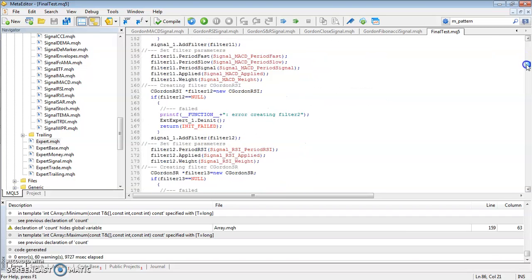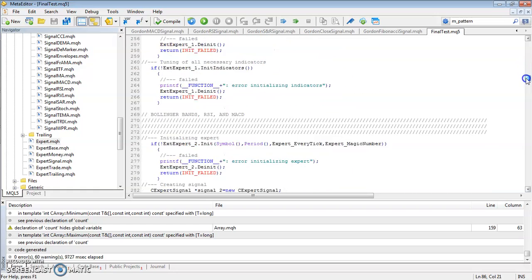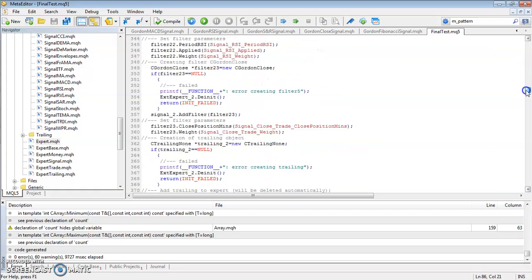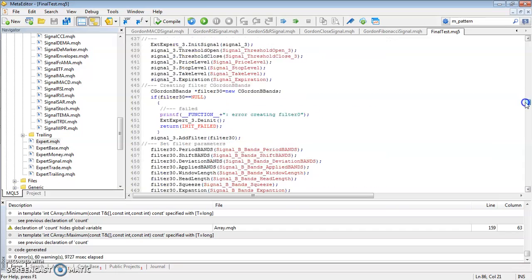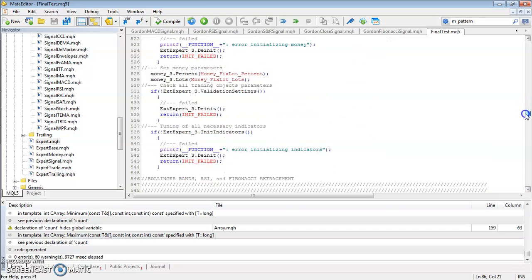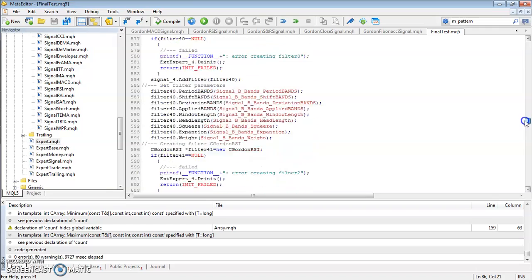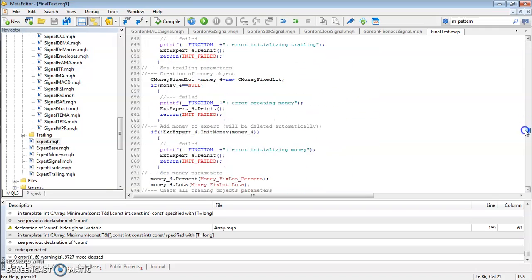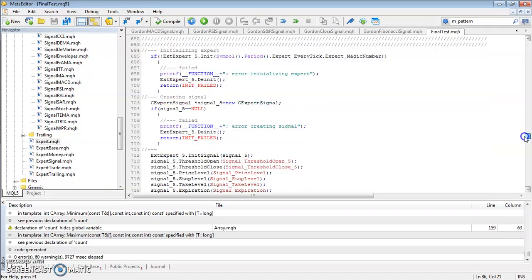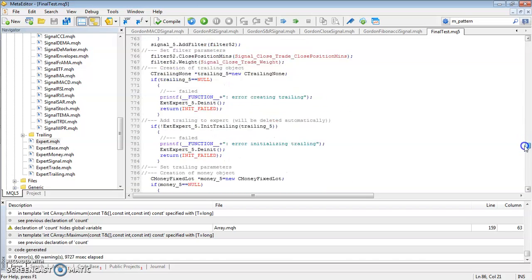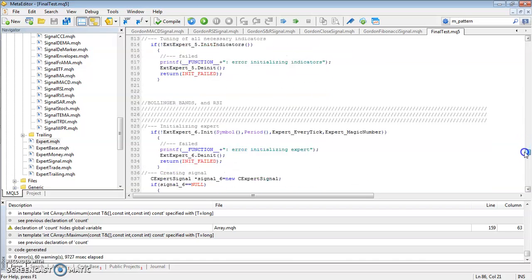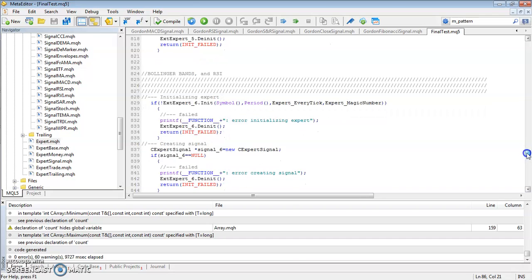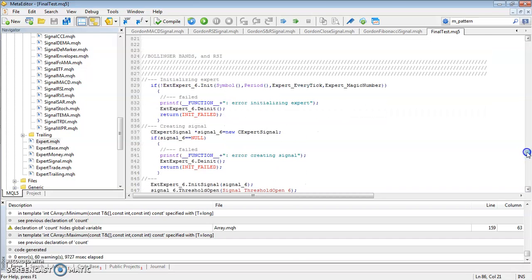So that's 1, 2, 3, 4, 5, and finally 6. So just to go over it pretty quick, for example, this is a combination of Bollinger Bands and RSI.